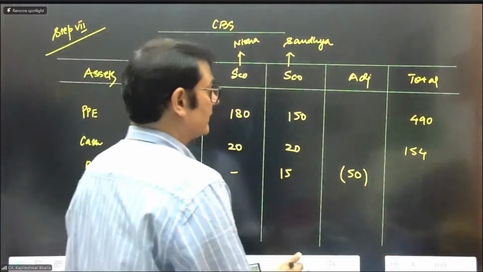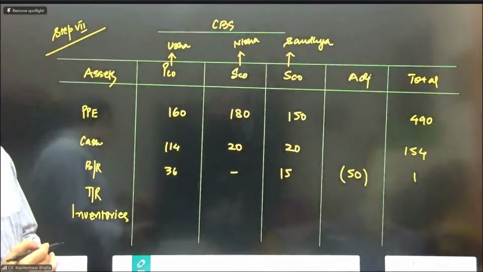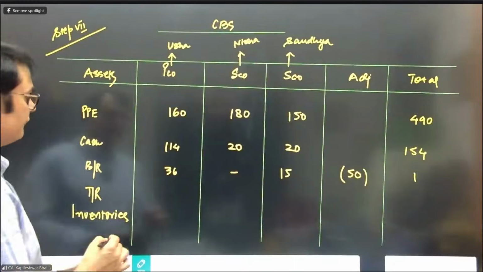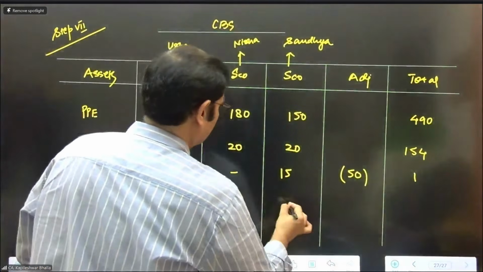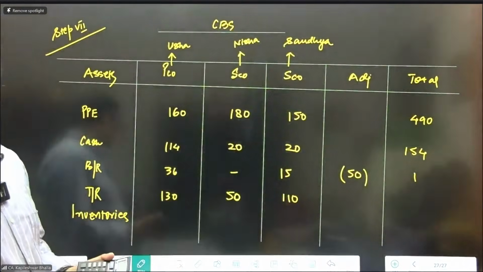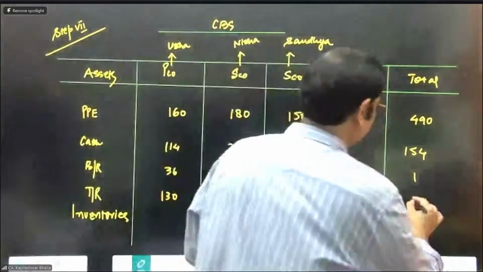So this works out at net 1. Intercompany owings eliminated. Trade receivables is 130.50 and 110. So 130.50 and 110, that's 290.